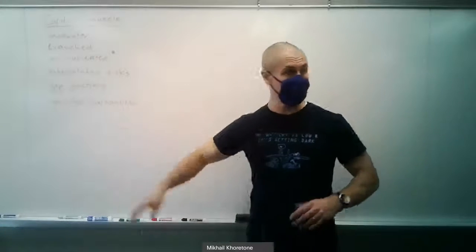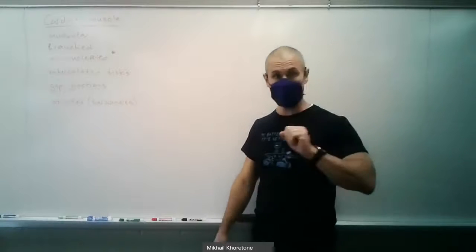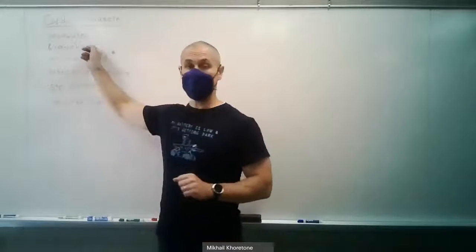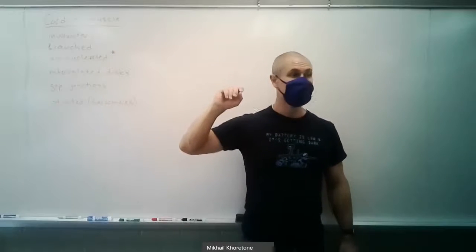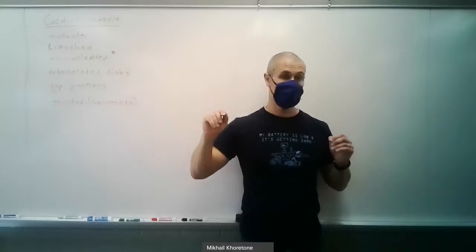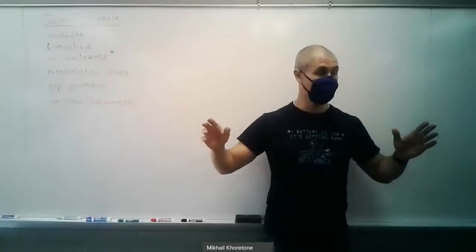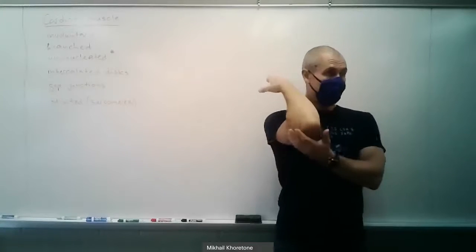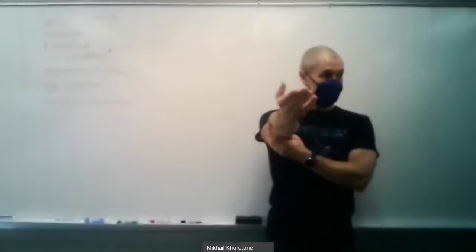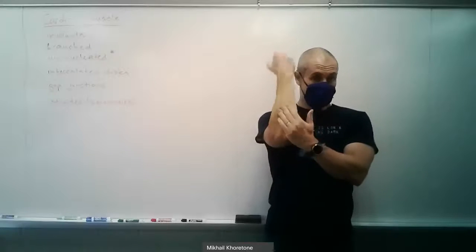So sarcomeres explain why it's striated. I have some material in the lecture notes that we'll focus on. Why is branching important? Skeletal muscle always contracts in a single direction. For instance, when I extend my elbow, the triceps contracts, pulling on the ulna in one direction.